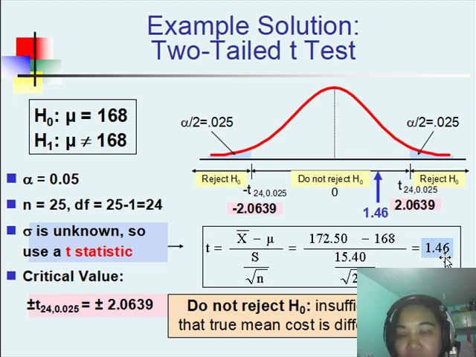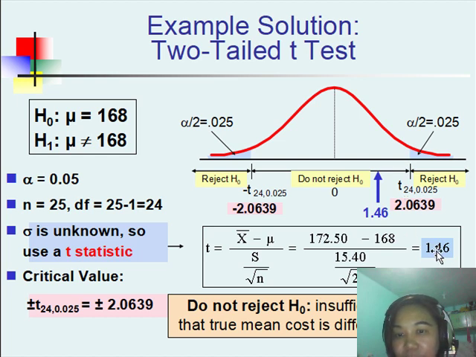Okay, since it is a two-tailed test, we don't need to get its absolute value because it is already positive. So we compare it with the positive value of your t. If the t calculated is greater than the t table, then we reject.